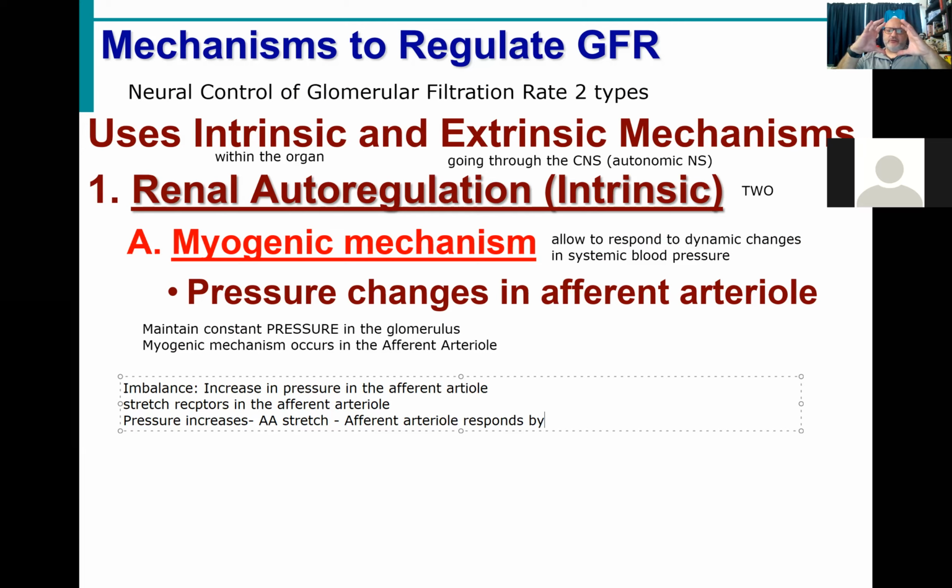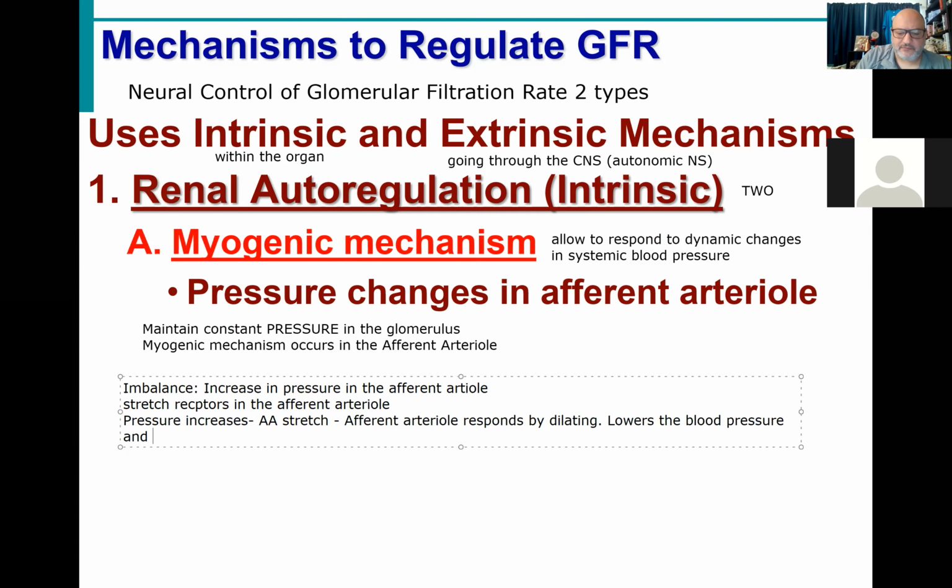How can a blood vessel bring that pressure down? Will it bring the pressure down by constricting, or will it bring the pressure down by dilating? Dilate. Dilating, exactly. And so what happens is our afferent arteriole responds by dilating. When it dilates, it lowers the blood pressure and maintains the constant pressure we want. Bingo.